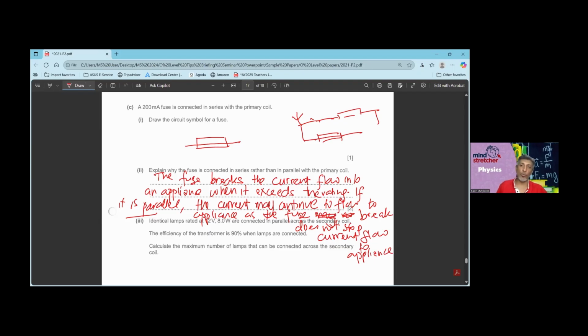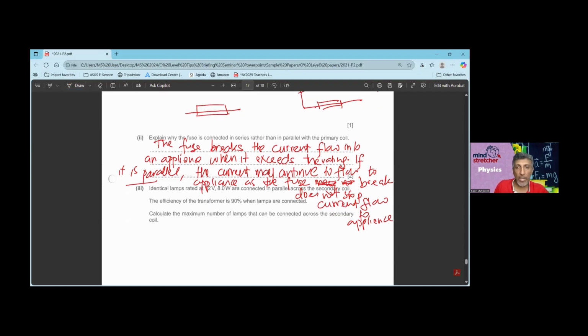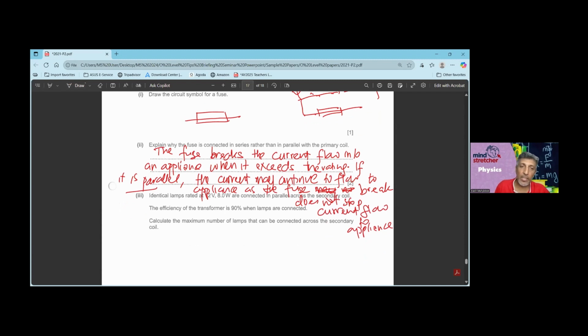Current can continue to flow to the appliance. Guys, the thing is you need both to be in the same loop, or they should be in series. If not, it will not break.